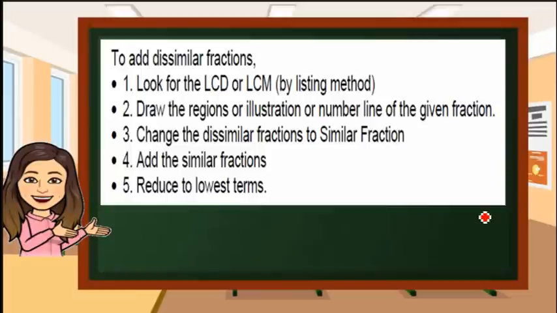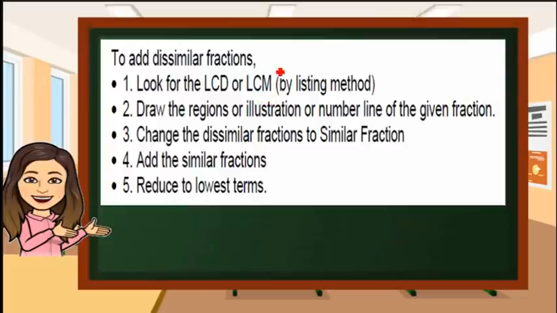So, here are the steps on how to add dissimilar fractions. First, you have to look for the LCD or LCM. LCD means what? Least common denominator. Because we are dealing with fractions, we will use LCD.